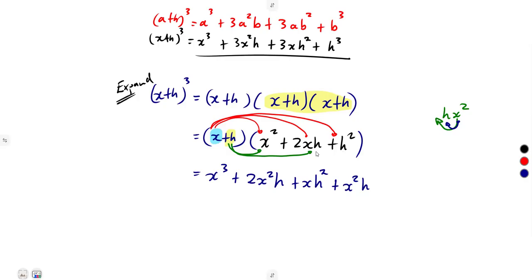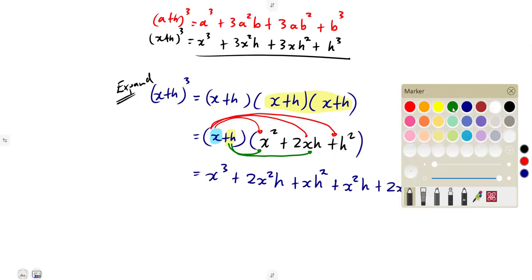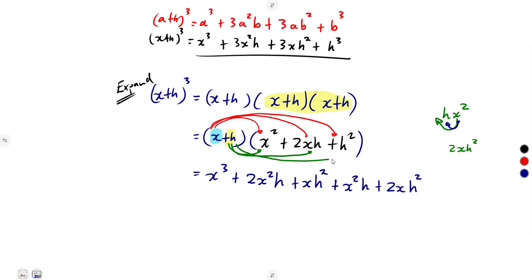So h and h is going to give us h squared, 2x h squared. So that's going to be 2x h squared. And the last one, h is going to multiply h squared. So that's h times h squared, which is going to give us h to the exponent of 3. You simply add the exponents. Remember, when you're multiplying, simply add your powers. So this is what you're going to have on this expansion.